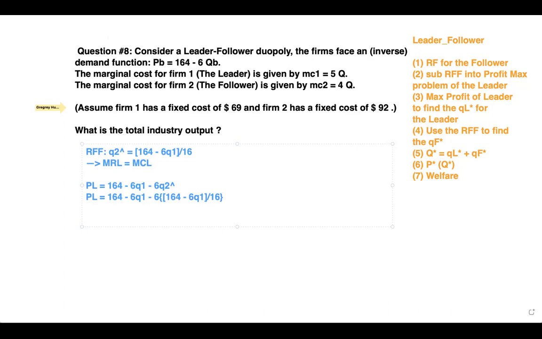So what I would do at this point is simplify it. What I mean by simplifying the expression is put it in a form that we're used to, where we have some constant minus some coefficient times the variable Q1, okay?